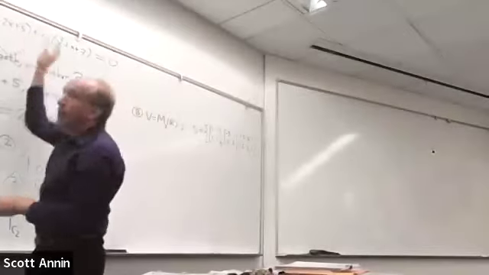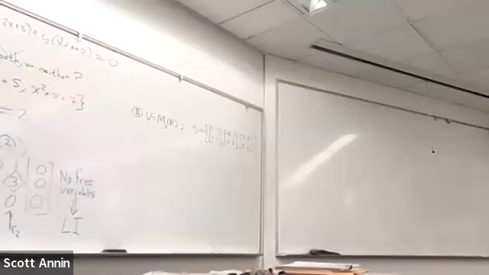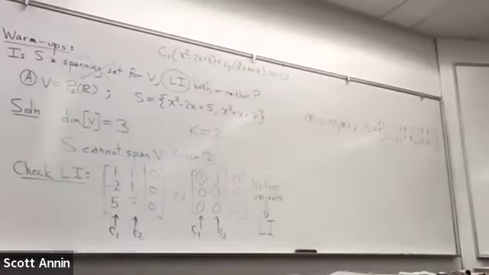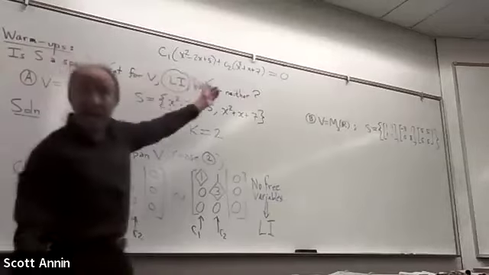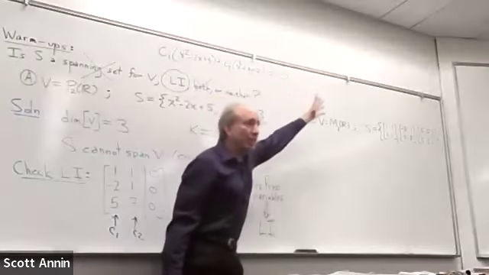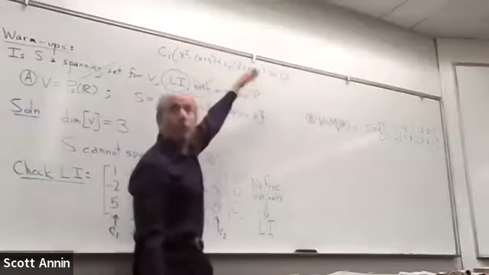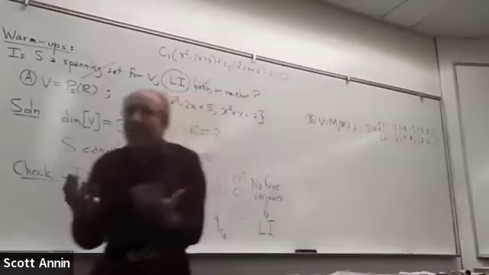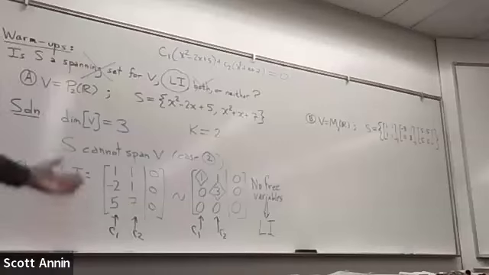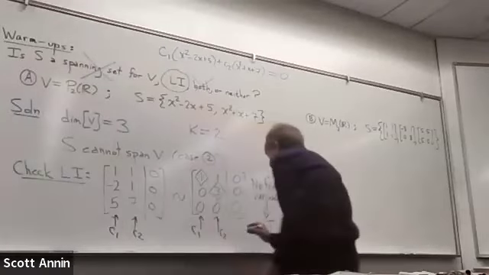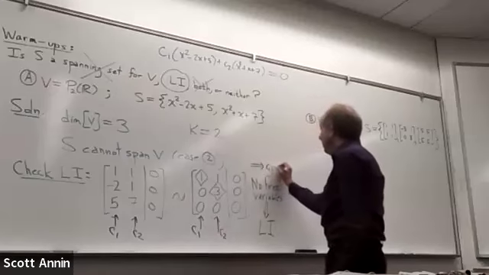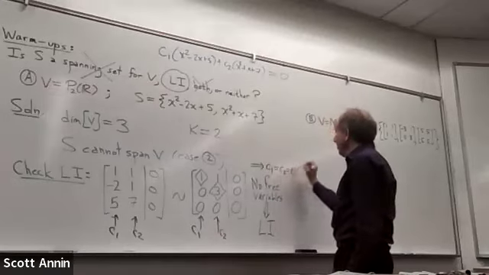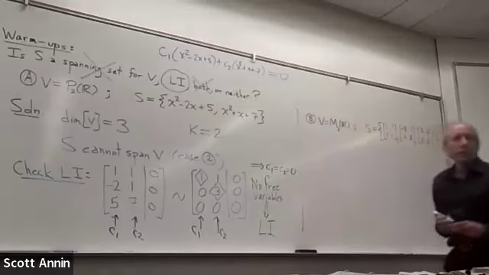And we're just asking what are the constants? And if the only way to make this cancel out to 0 is by putting zeros for the constants, that's the definition of LI. And in this case, yeah, we do conclude here, maybe I should have said that here. So this implies here that C1 equals C2 equals 0. We could add that as well.